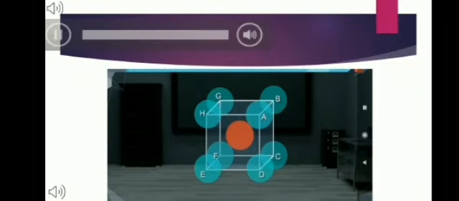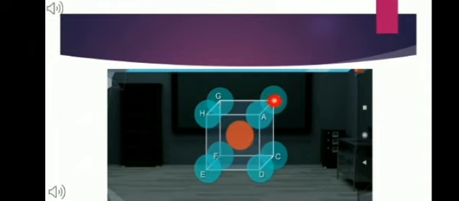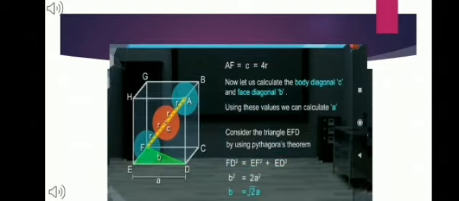In the center, in addition to 8 corner atoms of the cube, each corner contributing 1/8 of the atom. So the number of atoms in the body centered cube is 2. Now in body centered cubic structure there are 3 spheres in contact with each other along the body diagonal.